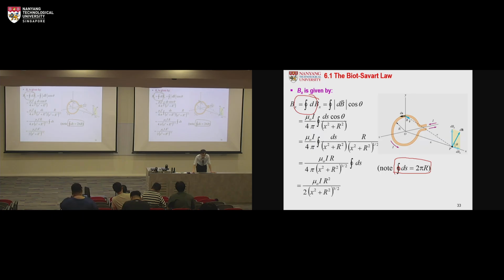Again, the so-called ds is just a tiny section along this loop. So you have this ds1, ds2, ds3, ds4, ds5, then you add them all together. Basically, it is the length of this loop.